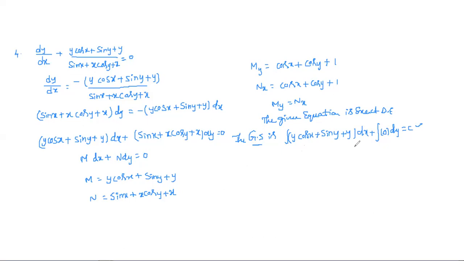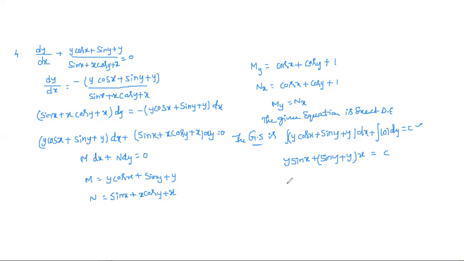Now we need to apply integration with respect to x, with y constant. So integral cos x is nothing but sin x, and sin y is constant, and y is a constant, so integral dx is x. So is equal to c.